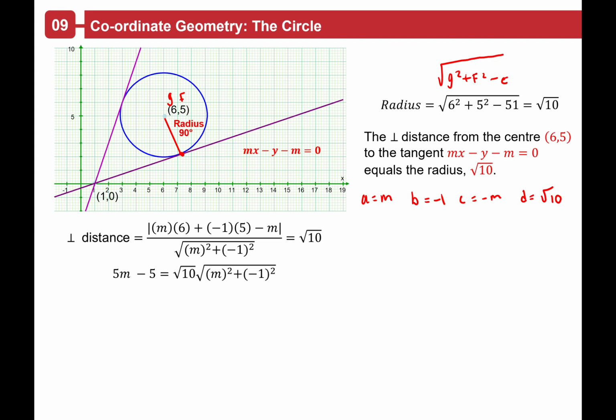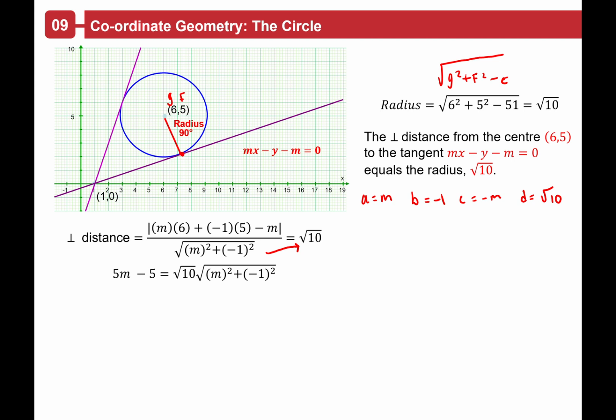Okay, so the first thing we're going to do here is just simplify what's inside my absolute values. So this gives me 6m minus 5 minus m, which leaves me with 5m minus 5. And then cross multiplying gives me root 10 times root of m squared minus 1 squared.